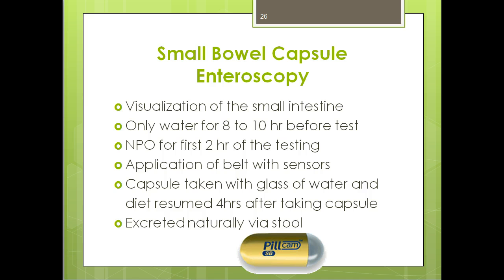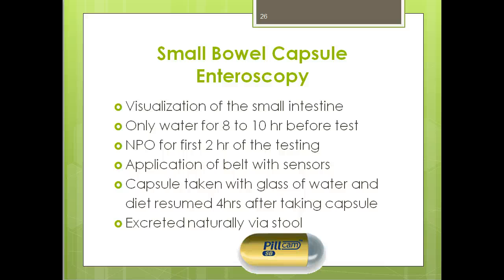Then they have what they call the small bowel capsule enteroscopy, which, I've heard of these, is a visualization of the small intestine. They have the little camera, and you take the little pill, and you only need water for 8 to 10 hours before the test.